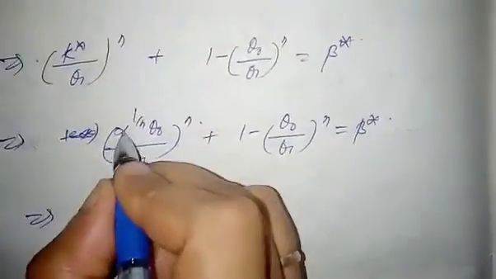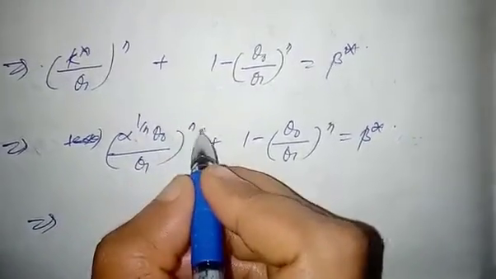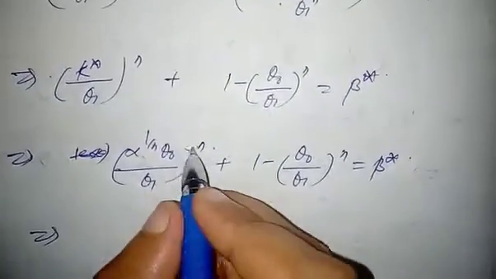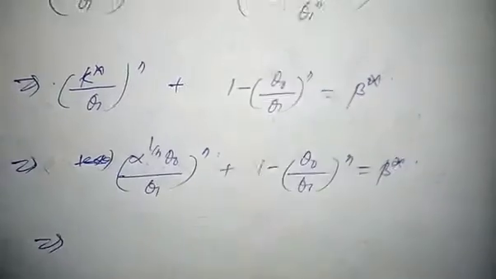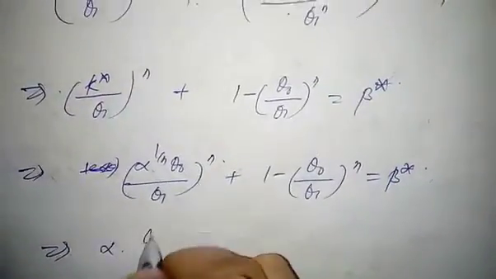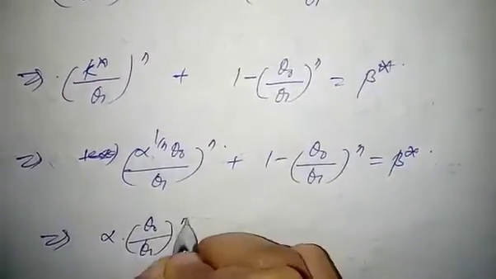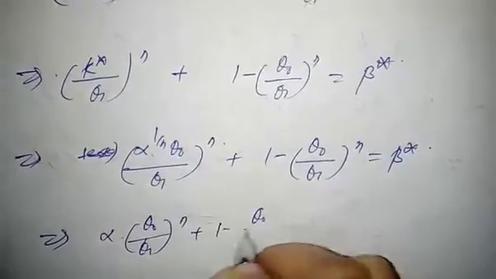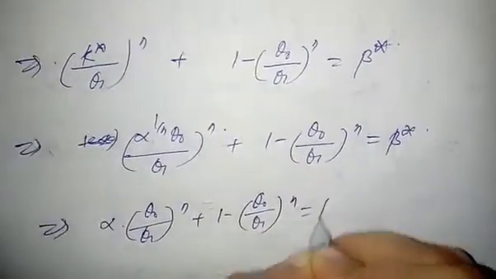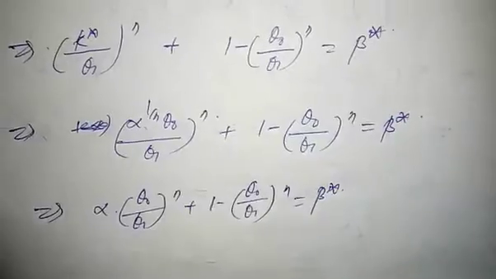Which implies alpha power 1 by n, and here power n, then it becomes alpha power 1. It is alpha into theta naught divided by theta 1 power n plus 1 minus theta naught divided by theta 1 power n equal to beta star.